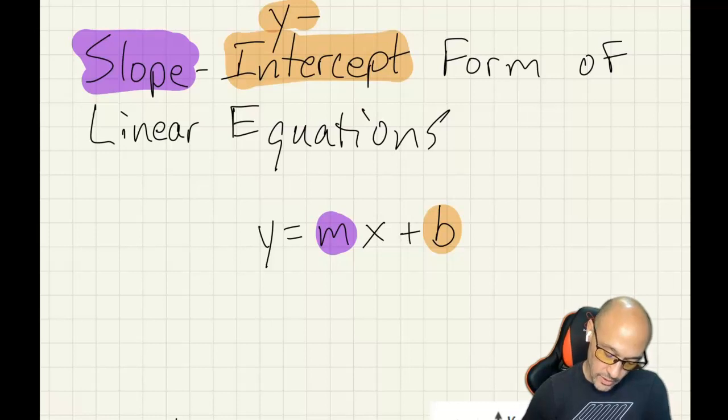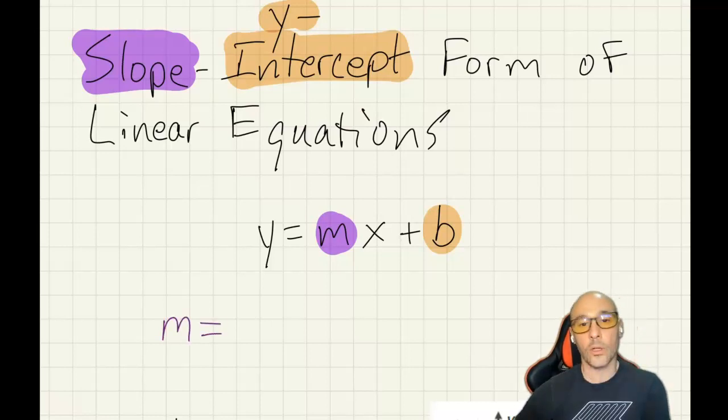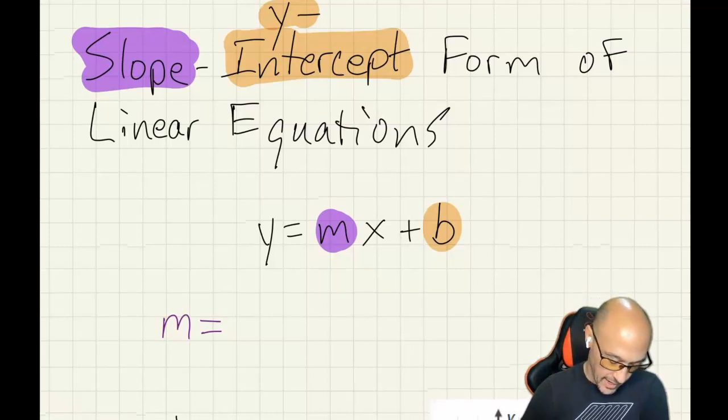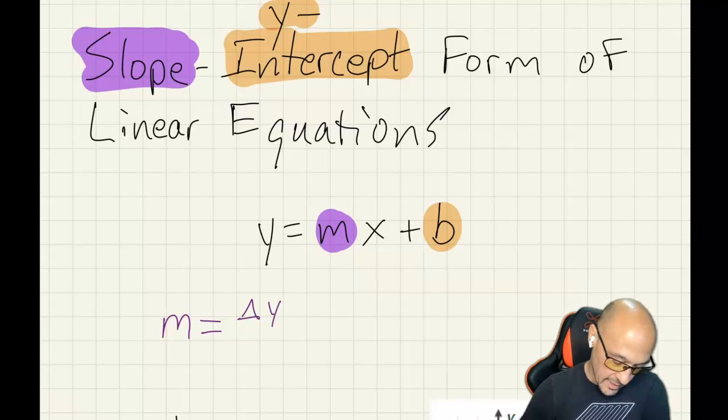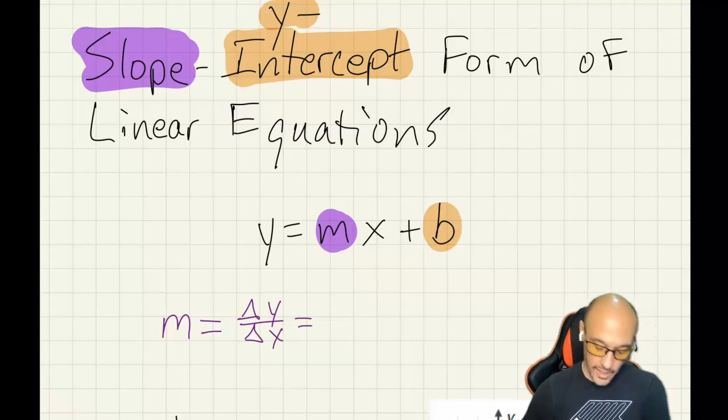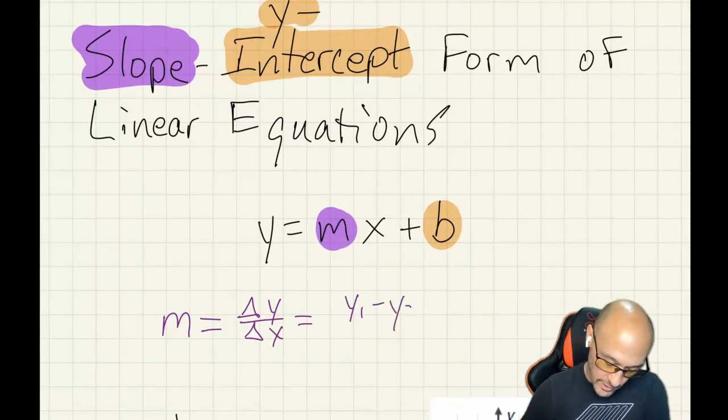And it's also good to remember that m is equal to the change in y over change in x, and it's represented as delta y over delta x. Delta is change, and it can also be seen as, if you have 2 points, x1, y1 and x2, y2, it's y1 minus y2 over x1 minus x2.